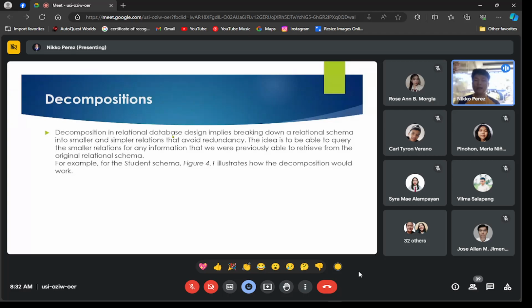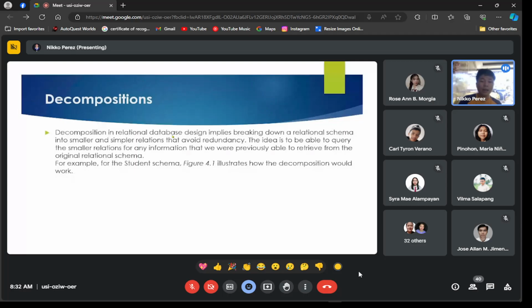We avoid data redundancy, but we cannot 100% guarantee that we will eradicate it. At least we have a better solution or better design for our database.